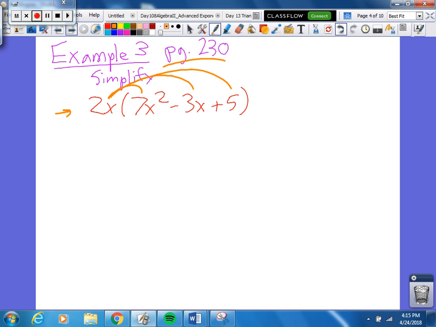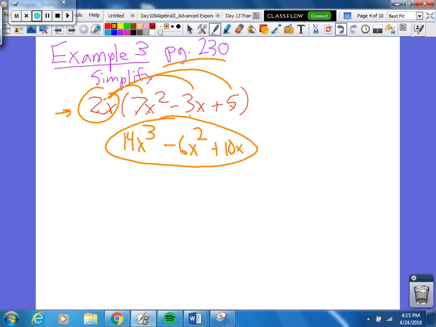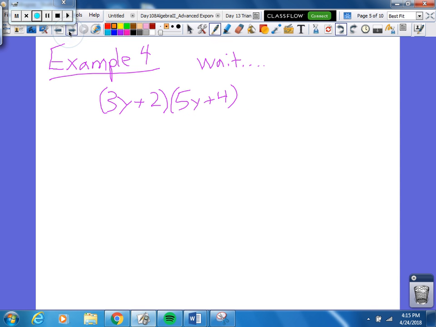So 2x times 7x: 2 times 7 is 14, x times x squared is x to the third. 2x times -3x, that is -6, x times x is x squared. 2x times 5 is positive 10x. And there we go. I can't simplify because I don't have any more like terms, and so that is the acceptable answer.